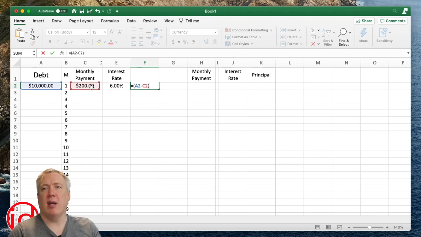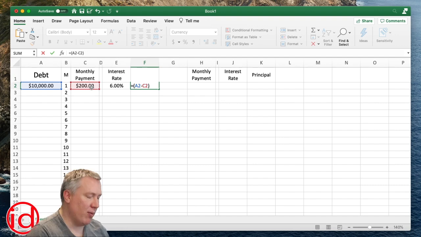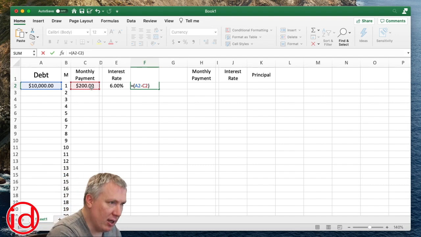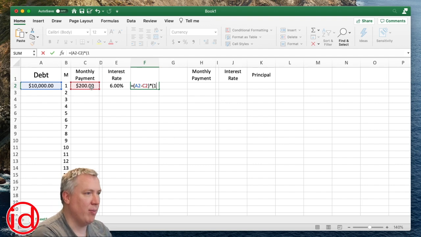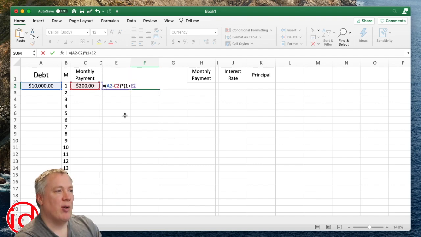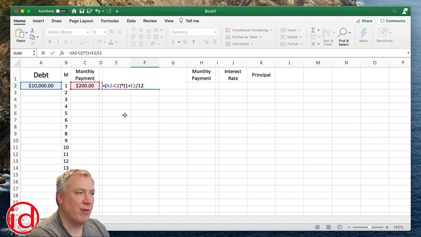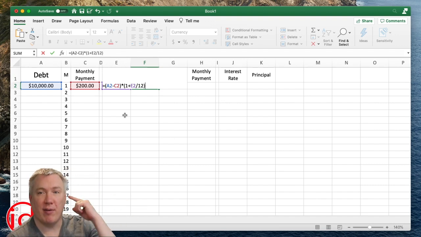Interest is typically stated as a yearly interest rate, but it's often calculated in terms of months. So we're going to multiply, with another parentheses here, by 1 plus the interest rate divided by 12, because this is going to happen every month.